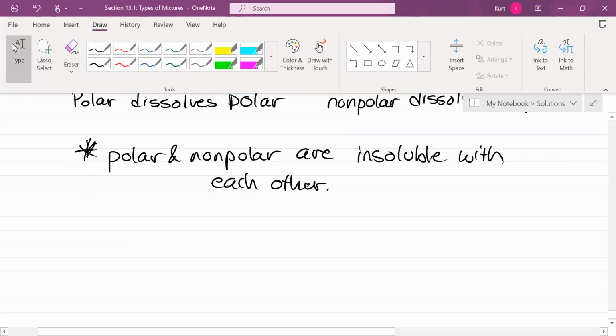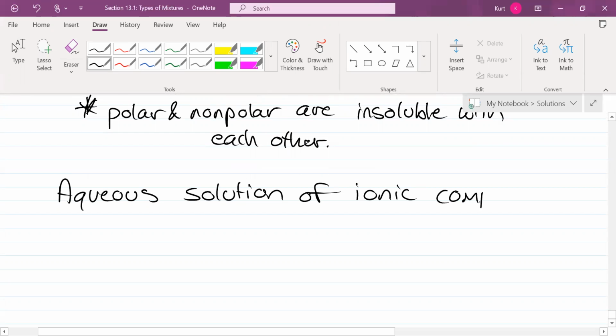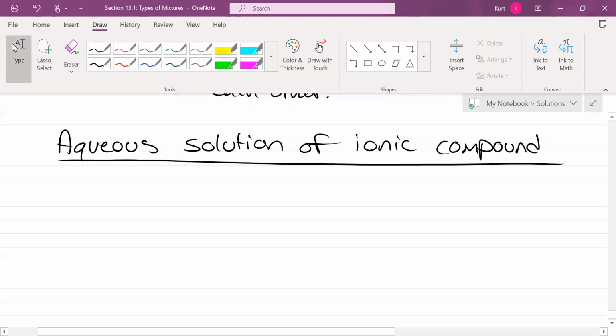Okay, so let's talk about aqueous solution of ionic compounds. This is something I really have to teach my biology students about, my AP Bio kids about. So if any of you are going to be taking AP Bio next year, this is something big that I normally have to teach at the beginning of the year because they just don't get it.